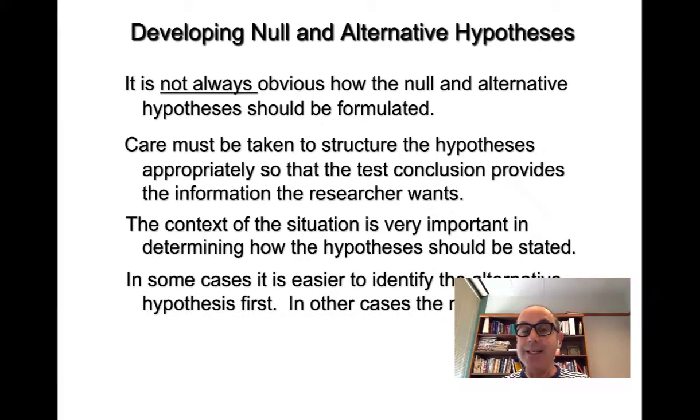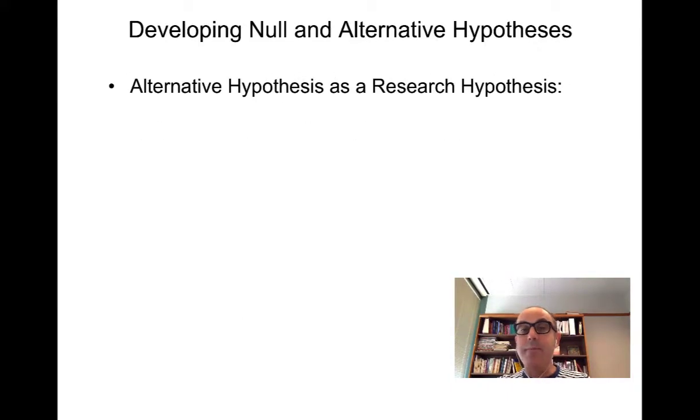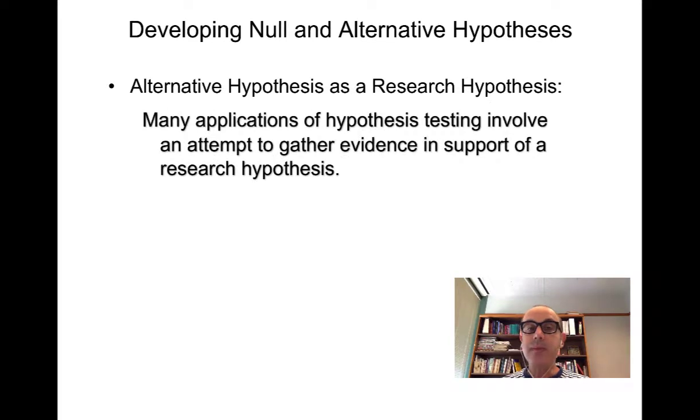In some cases it's easier to identify the alternative, which is what you are trying to make a point about, and in some cases the null hypothesis, which is the opposite. For an alternative hypothesis example, many applications of hypothesis testing involve an attempt to gather evidence in support of the research hypothesis.